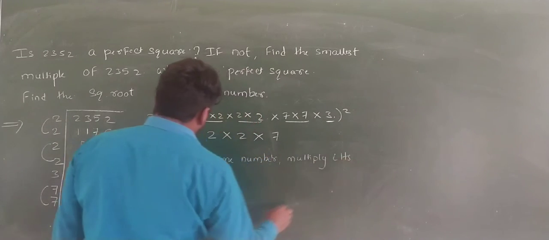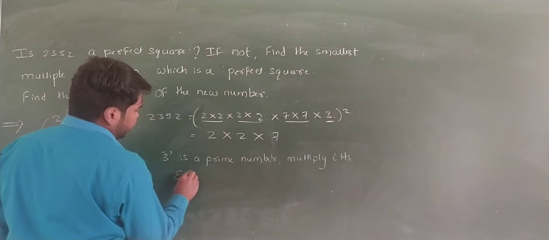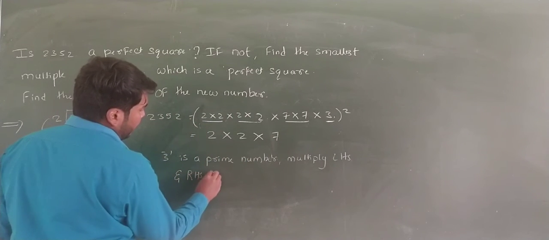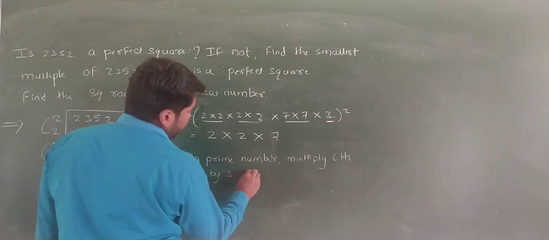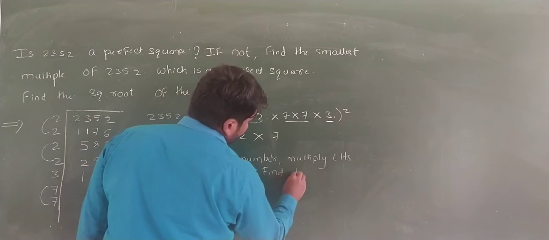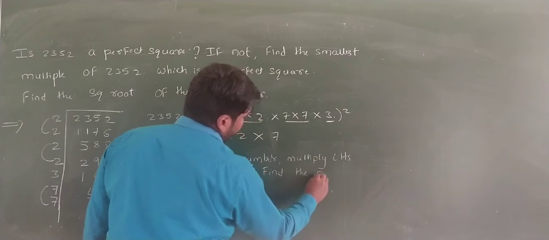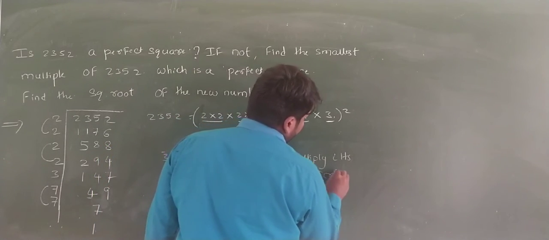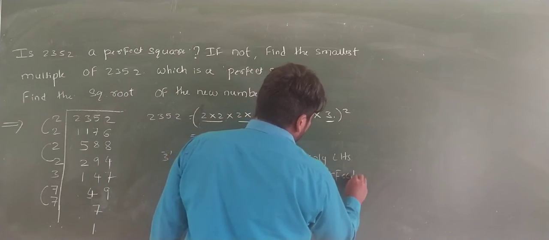by 3 to find the perfect square root, to make the perfect square.